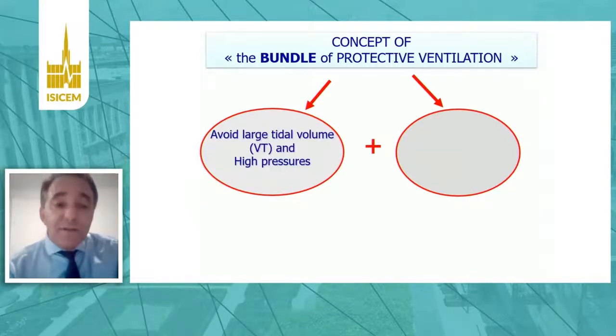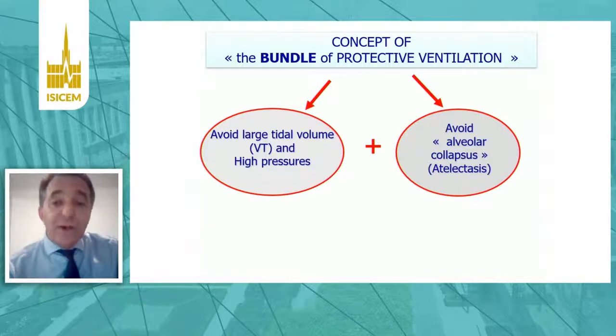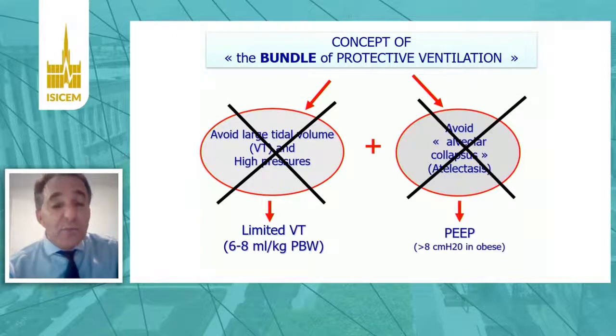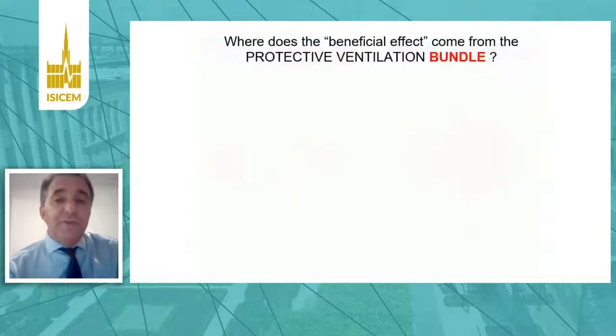This bundle consists of avoiding large tidal volume to avoid ventilator-induced lung injury, avoiding high airway pressure to avoid all the injury due to high pressure, and always avoiding atelectrauma, to avoid the collapse and atelectasis. To perform this, we should limit the tidal volume between 6 to 8 ml per kilogram, and we should try to use a significant PEEP, probably more than 5 centimeters, and probably more in some obese patients.